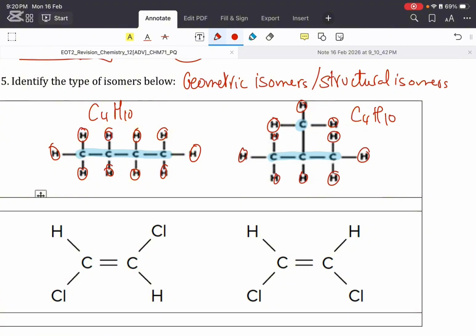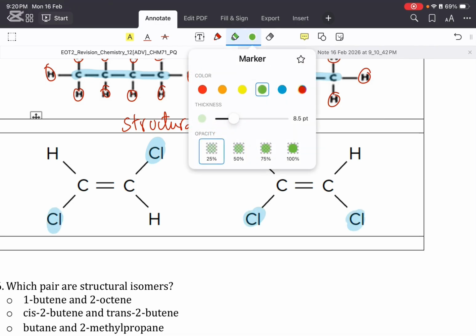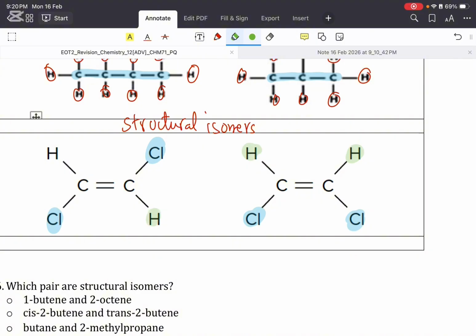So these two compounds are structural isomers because they have the same molecular formula, but their structure is different. The next one, look at the Cl. I have a double bond and I have groups arranged around the double bond, or you can look at the hydrogens.